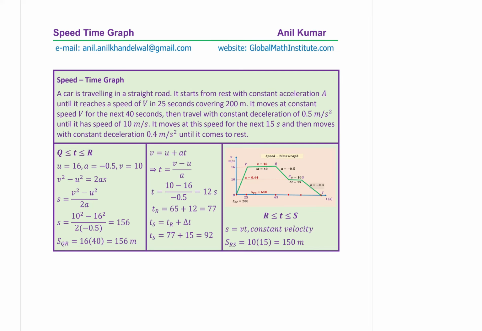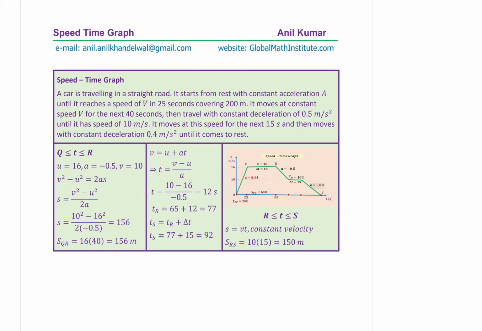Now let's find how to analyze the portion Q to R. Q to R is a portion where there is a deceleration of 0.5, so we'll write a as minus 0.5. We know the initial velocity, which was capital V earlier, is 16, and the final velocity after this deceleration was given to us as 10.